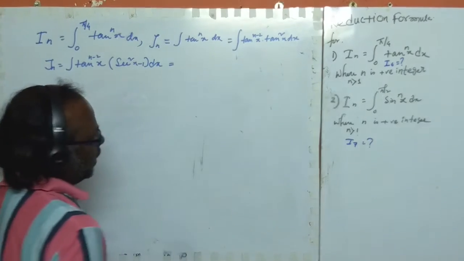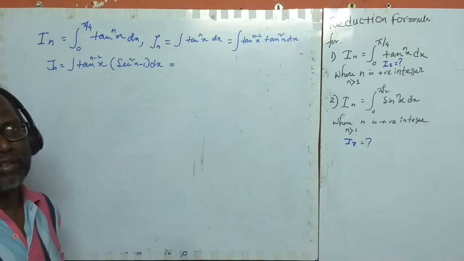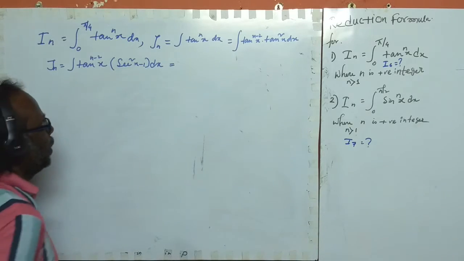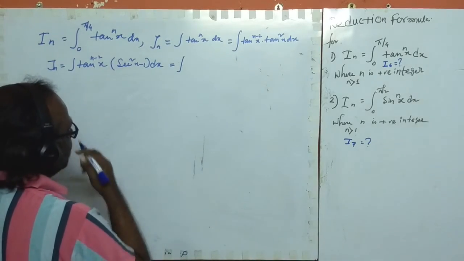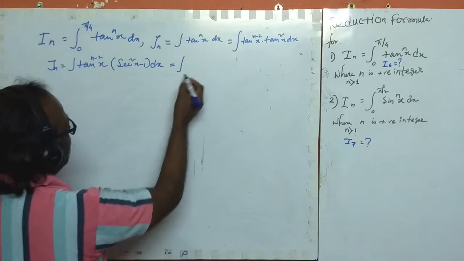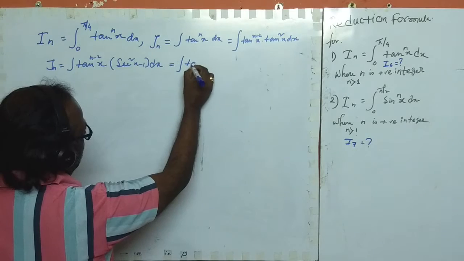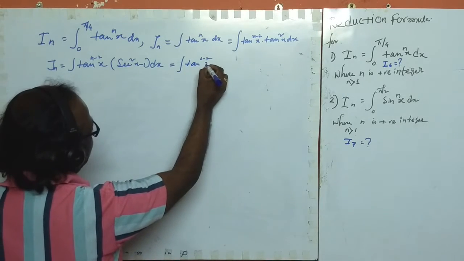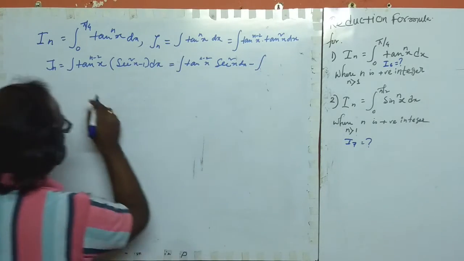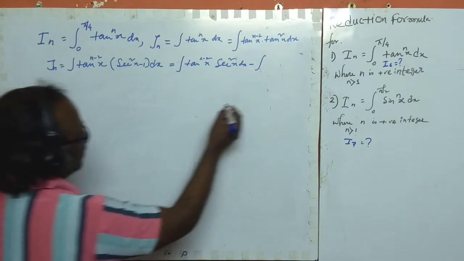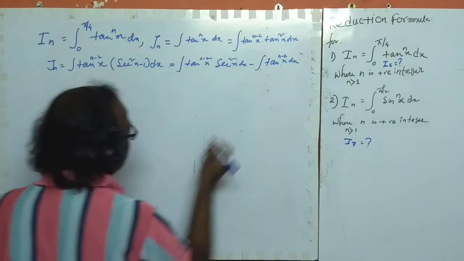Actually that's why we take it as a power of 2, and it can be expressed as sec square x minus 1, and you know the derivative of tan x is sec square x, so that's why we can break the degree as n minus 2 and tan square, and we have the separation: tan to the power n minus 2 x and sec square x dx, and again minus tan x to the power n minus 2 dx.